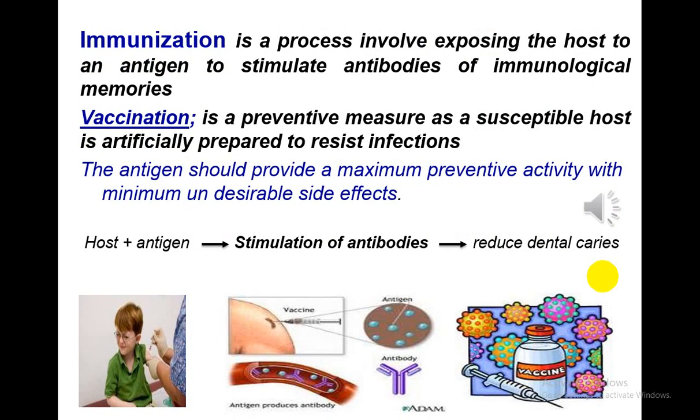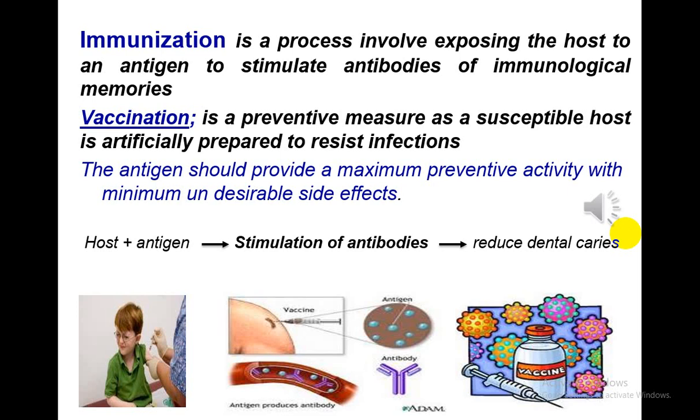Immunization is a process involving the exposure of the host to an antigen, therefore stimulating antibodies and immunological memory. The idea of preparing antigens to stimulate oral antibodies goes back to the 1930s, and the antigen used was lactobacilli.